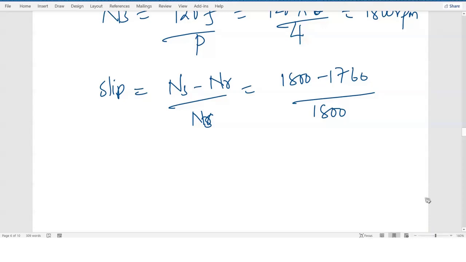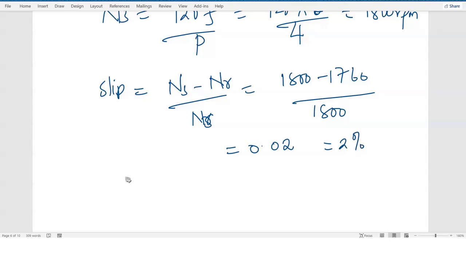So this gives us the slip as 0.02, and this would be 2%.